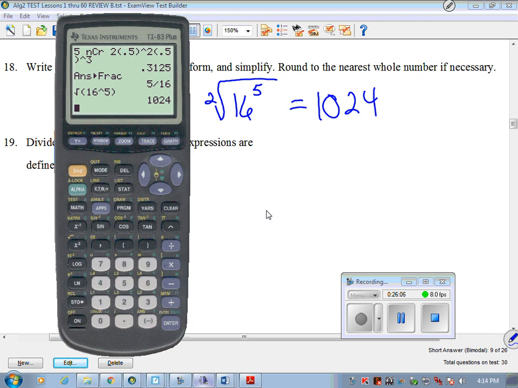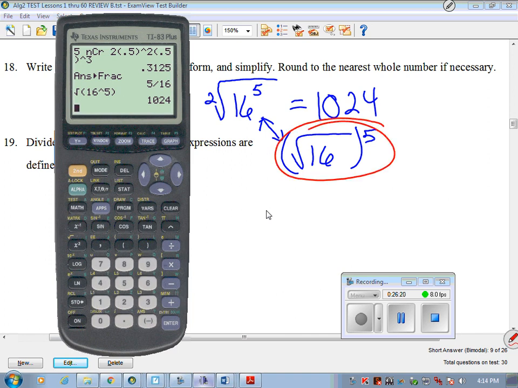Now, they will take this. If you want to write it like this, you can write it like this as well. So either of those ways of writing it is acceptable. You're probably going to see this on your test, right? If we're looking at multiple choice possibilities, that will be how they want it to look.